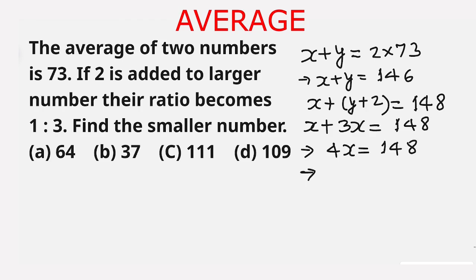This gives x equal to 4 divides 148 for 37 times. So x equal to 37 and x is a smaller number. So our answer is 37. And from the given options, our answer is option B, 37. I hope you have understood the method of solving such type of questions. We go to the next question.